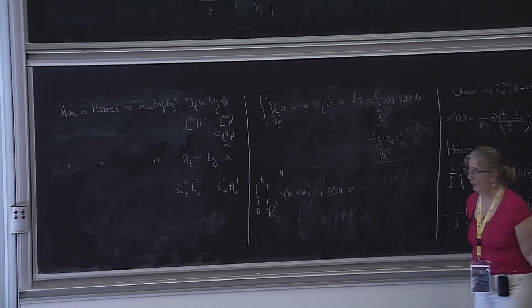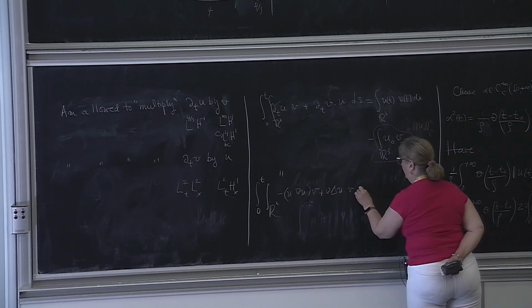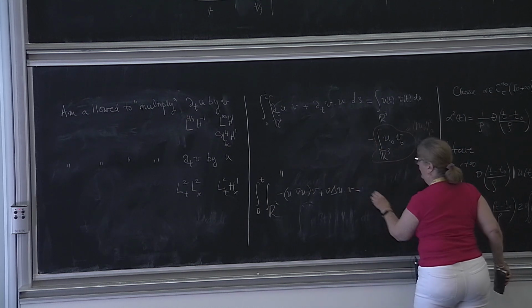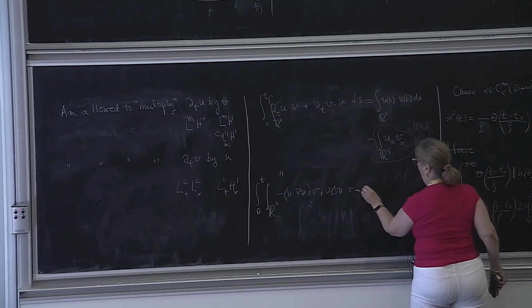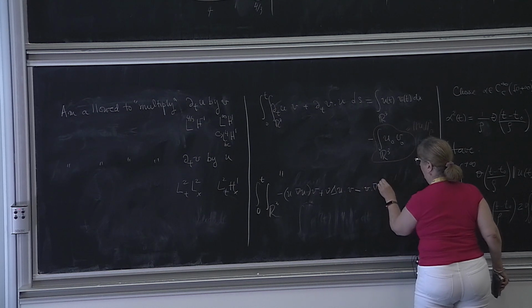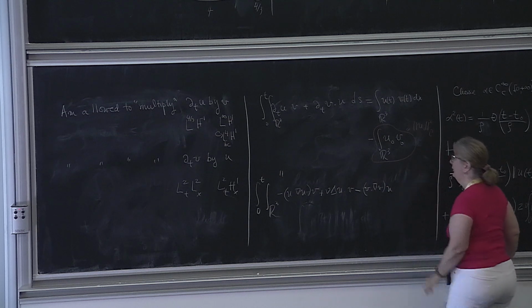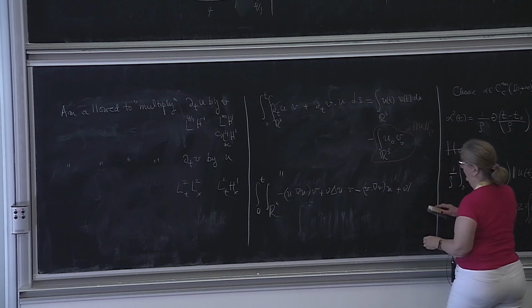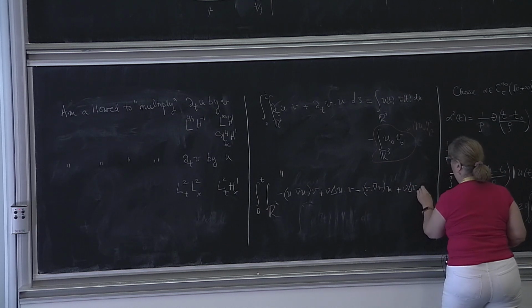The pressure term goes away, plus, for d_t v, I'm going to write minus v dot grad v times u plus nu Laplacian of v times u.